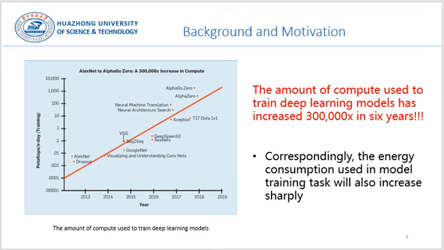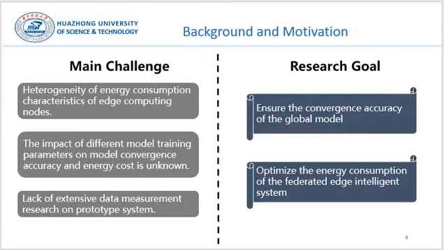In this case, we analyze the problem we should solve and put forward the final research goal. Our research goal is very clear. It's just optimizing the energy consumption of the system and ensuring the accuracy of the training model. This is a very difficult problem.